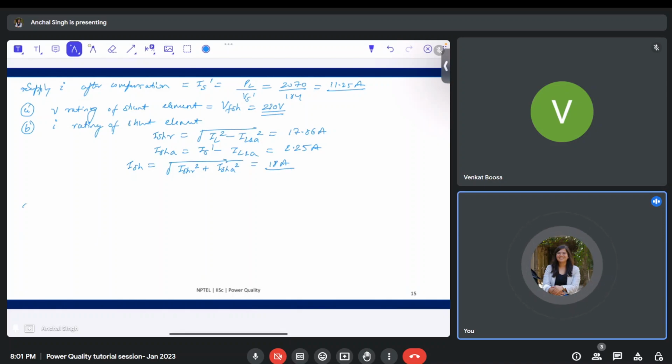Similarly, the VA rating of the shunt element will come out to be the product of VFSH into ISH, which will come out to be 4140 volt amperes.